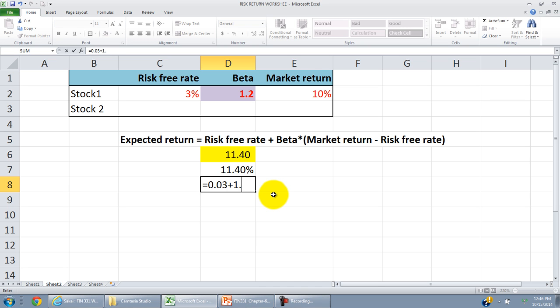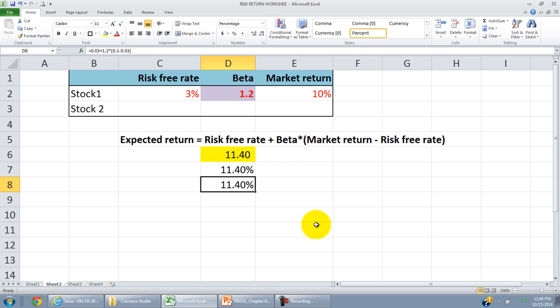Plus beta of 1.2 multiplied by market return of 10%, which is 0.1, minus the risk-free rate of 3%, which is 0.03. Yeah, it also gives you the same thing. So depends on what way you want to do.